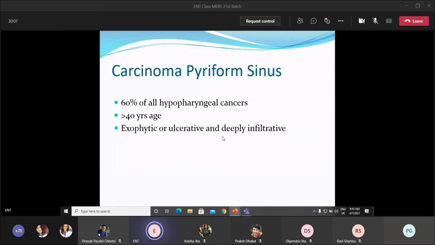Now coming to one of the important subsites, pyriform sinus, carcinoma of pyriform sinus. It comprises 60% of all hypopharyngeal cancers, involves patients more than 40 years of age, exophytic, ulcerative, or deeply infiltrative.